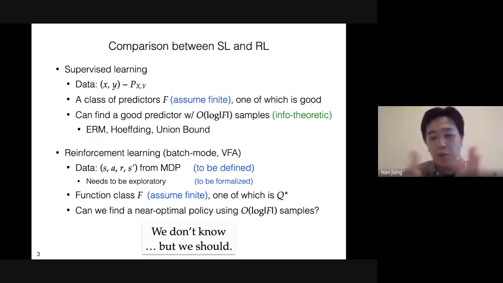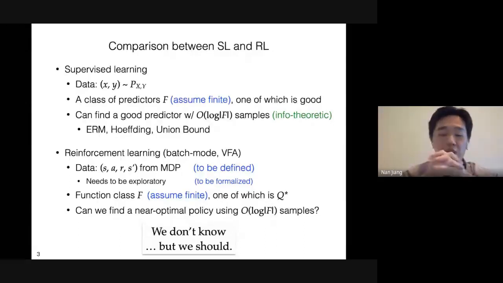But I think we should know the answer to this question because this looks so basic and fundamental, and just as the supervised learning result forms the basis of the mansion of learning theory, I think we really need to understand this very well to have a solid basis for RL theory.